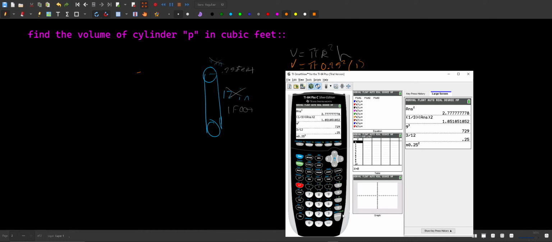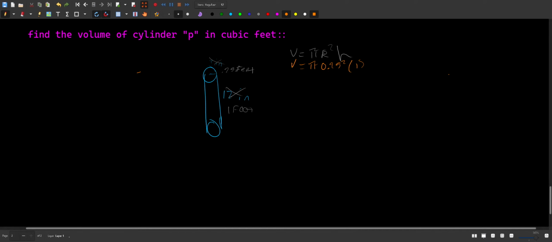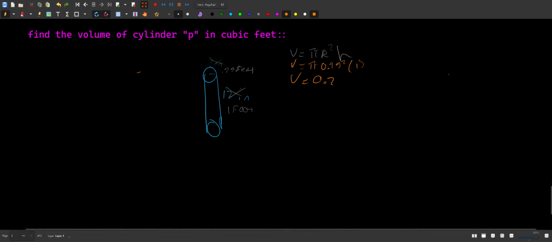Times 1, so we don't even need to write it. And there is our volume in feet. So 0.2 cubic feet. So the volume equals 0.2 feet cubed. And there you have it.